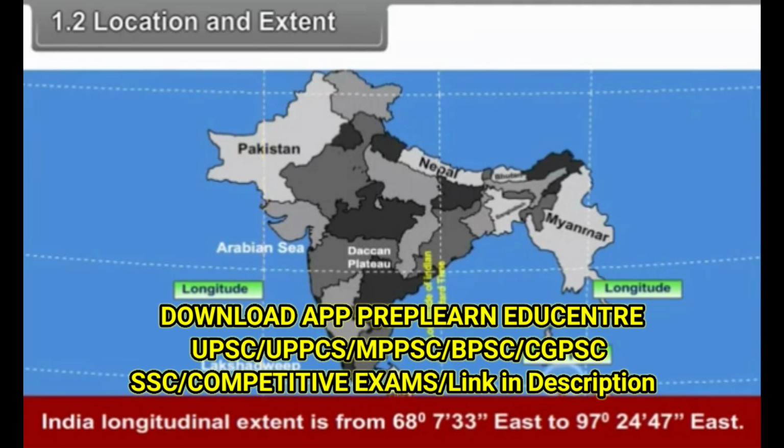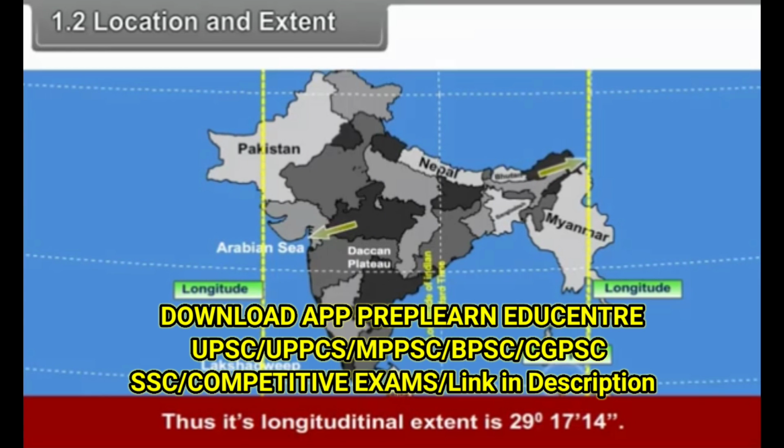India's longitudinal extent is from 68 degrees 7 minutes 33 seconds east to 97 degrees 24 minutes 47 seconds east. Thus its longitudinal extent is 29 degrees 17 minutes 14 seconds.